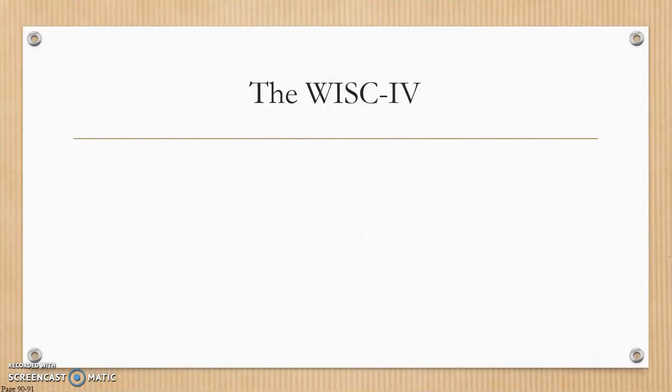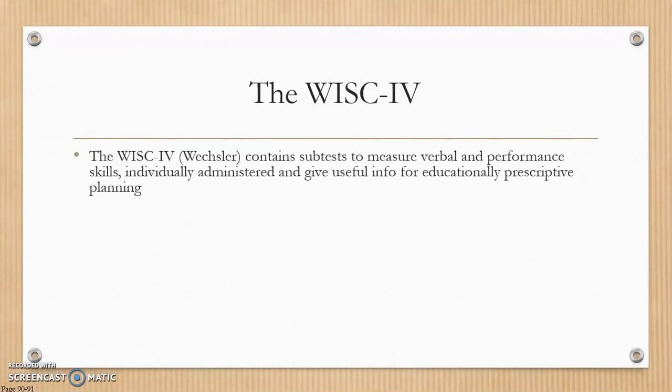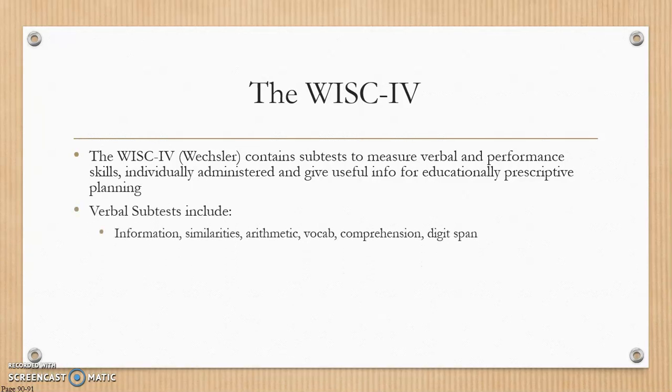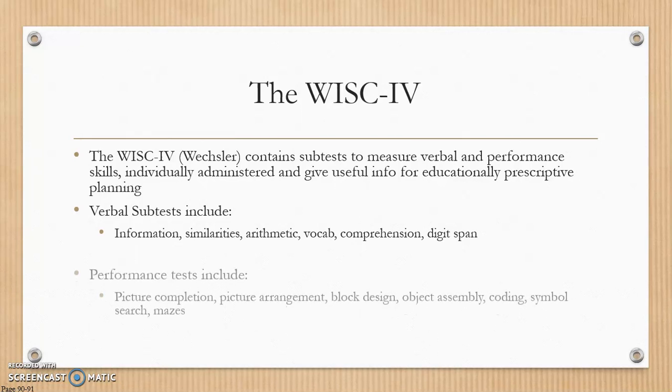The WISC, otherwise known as the Wechsler, contains subtests to measure verbal and performance skills, individually administered, and gives useful information for educational prescriptive planning. The verbal subtests include information, similarities, arithmetic, vocabulary, comprehension, and digit span.